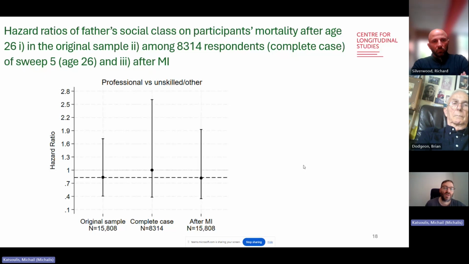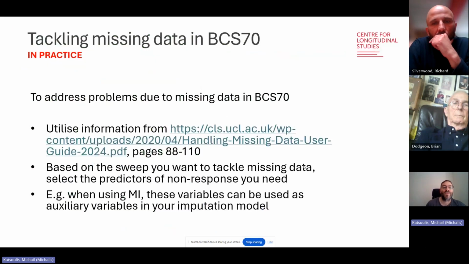We saw that in these examples we achieved this. We recovered the bias that we have due to missing data.